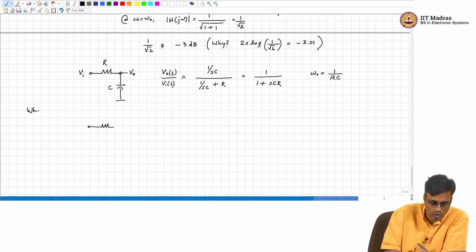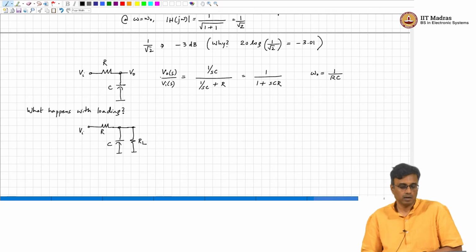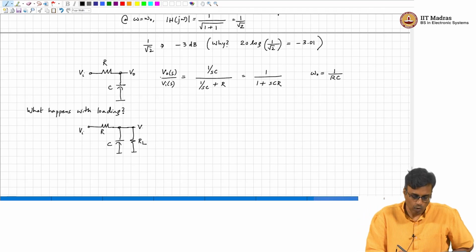So, what happens with loading? This is Vi, this is R, this is C. Let us say you put some load RL. This is VO.